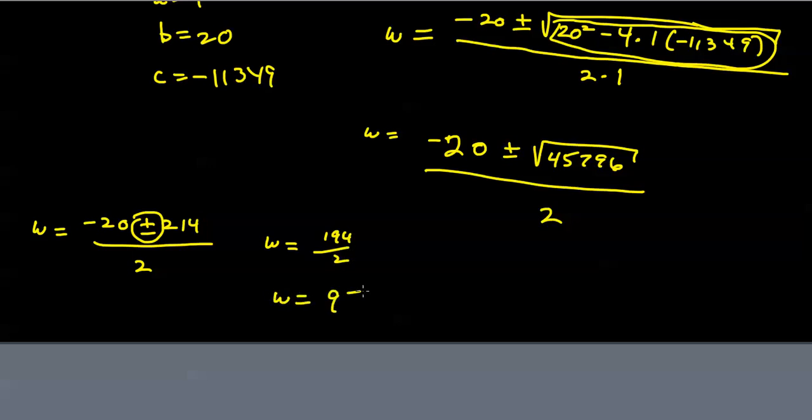Which gives me a solution of 97 feet for w, or, well, minus 20 minus 214 is going to be negative 234 over 2, and I'm going to throw that out as an extraneous solution because it's a negative length. You write that down, no negative length.